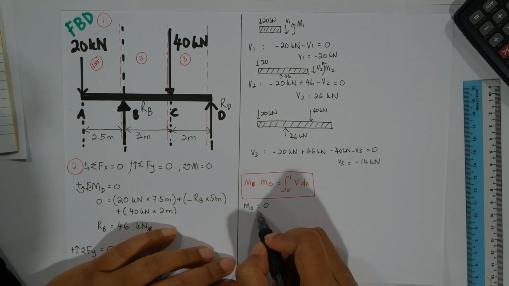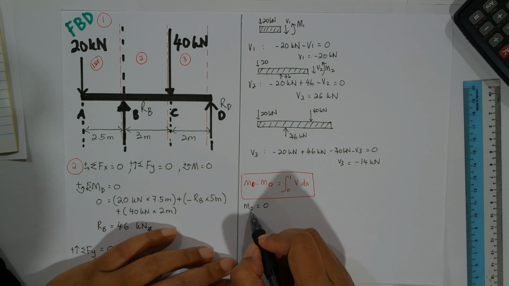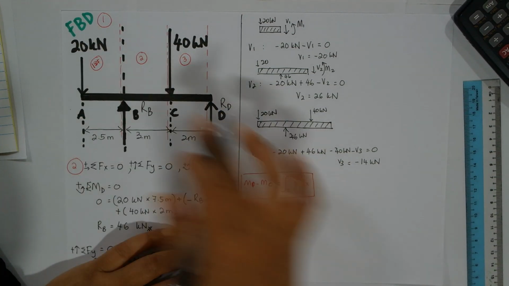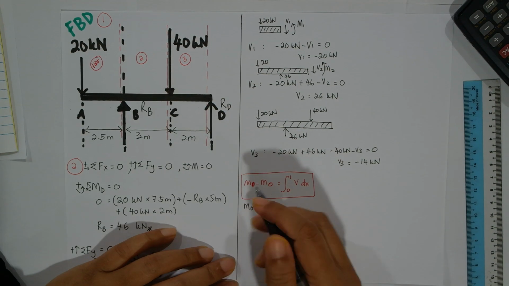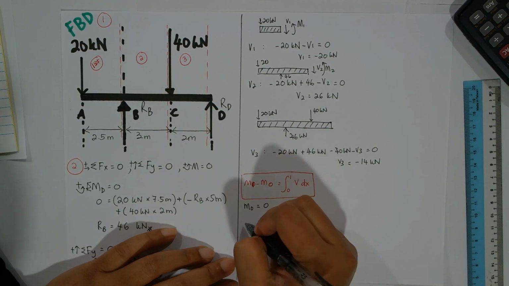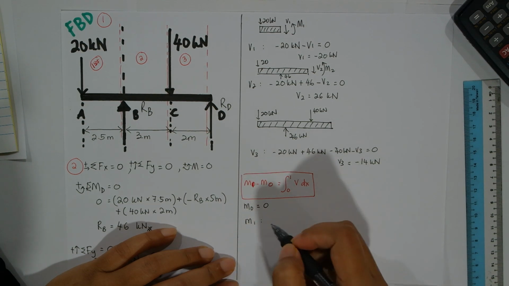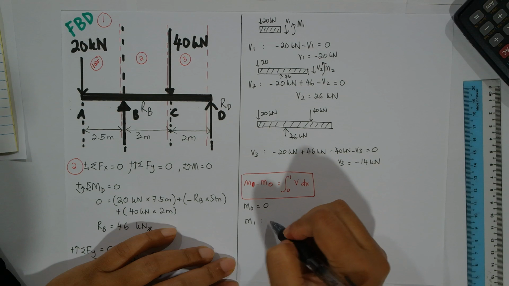Okay, moment we established just now: moment about this point is equal to 0. So let's find moment about this section. We are going to use this equation. We want M1, the bending moment at this section.